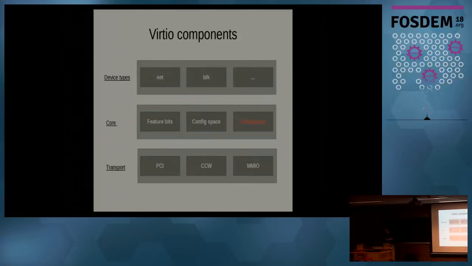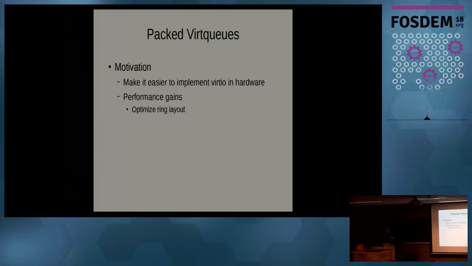So we want to add a new kind of virtqueues, and why do we want to do this? The way virtqueues are defined until Virtio 1.0, and I'll call them split virtqueues from now on, as opposed to packed virtqueues, they're not really fit for a straightforward implementation in hardware. I've been expecting hardware support for Virtio for quite a while, actually, and it never happened.